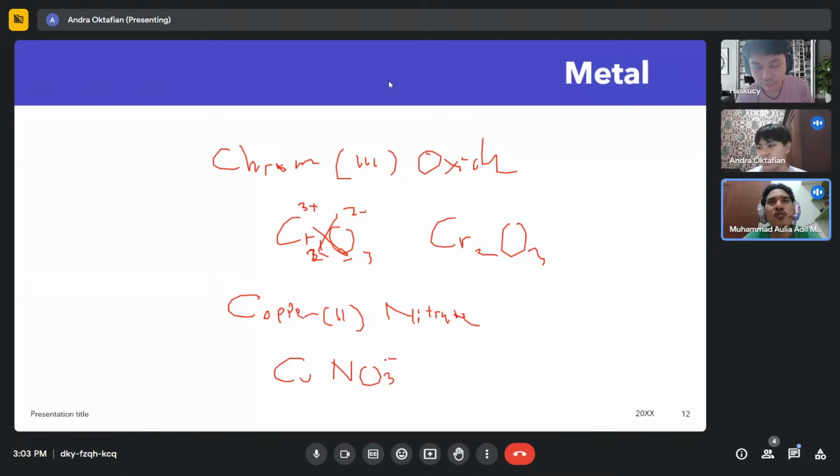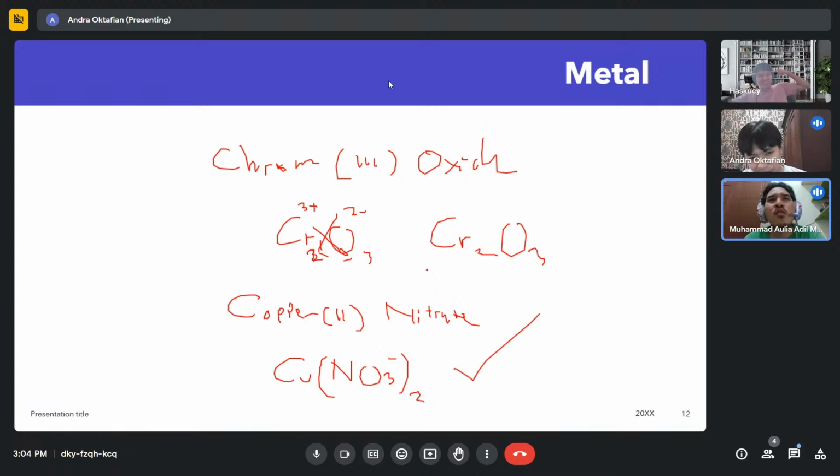Basically, there should be two NO3, and the cuprum should be just one.